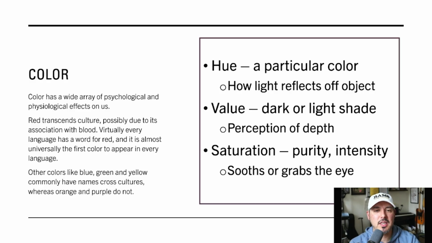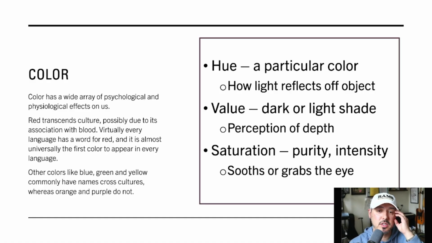But color has a really wide array of psychological and physiological effects on us. As an example, red transcends culture. Almost every civilization we've ever known came up with a word for red and understood red as an important color.